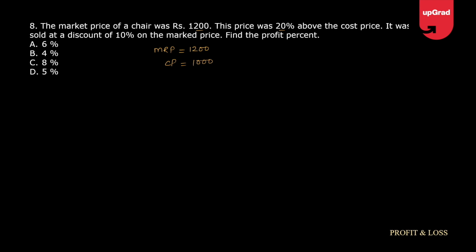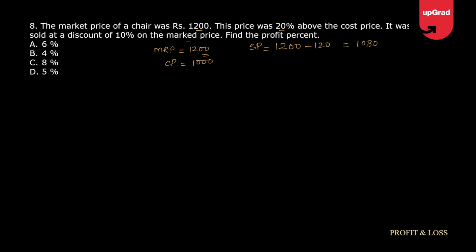Now I can write these values directly because I know a simple way of calculating them. It was sold at a discount of 10% on the marked price. What is 10% of 1200? It is 120. So selling price will be equal to marked price minus discount. And therefore you will end up getting 1080.